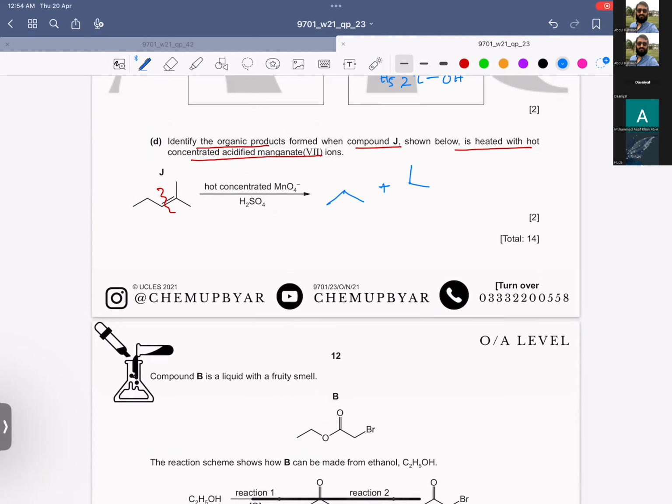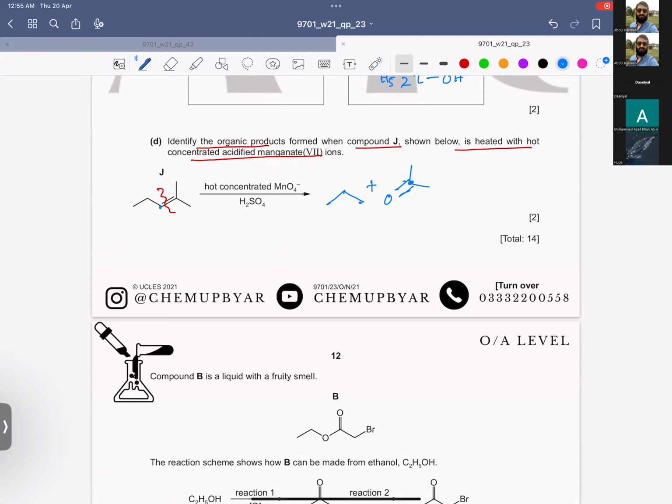So if you see here, the bond is broken from here, and this carbon which has broken the double bond would become a ketone, because this is the carbon and the other carbon is this one.